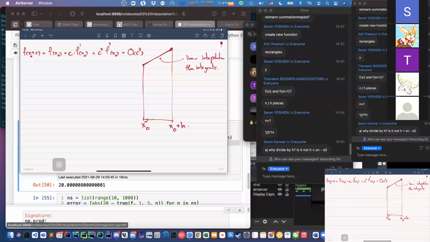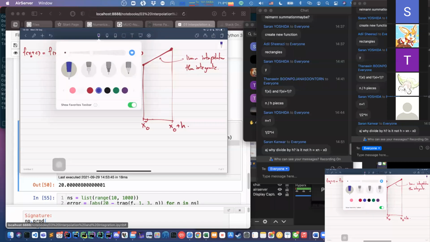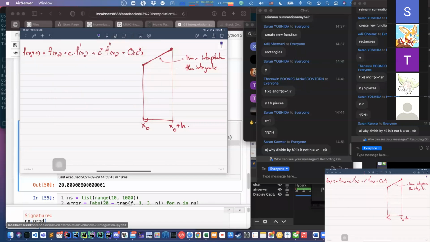So let's look at this. We are interpolating with a linear function, so the only terms we use to do the integral are the first two terms, only the linear part. Because this is linear, that blue line and this expression are exactly the same thing.